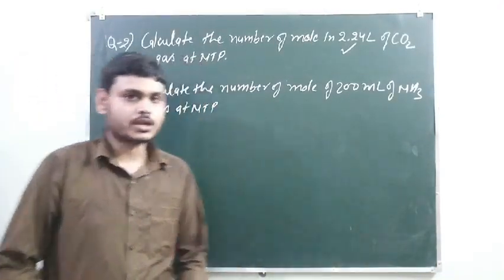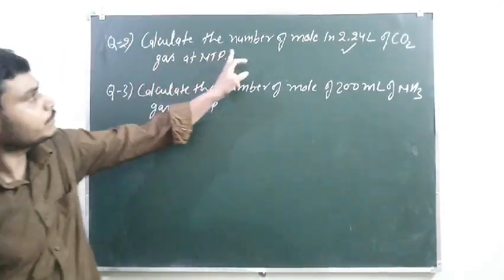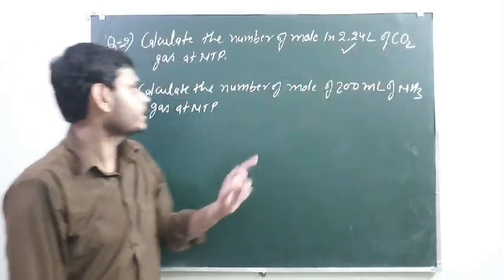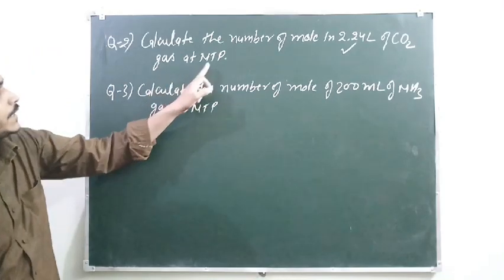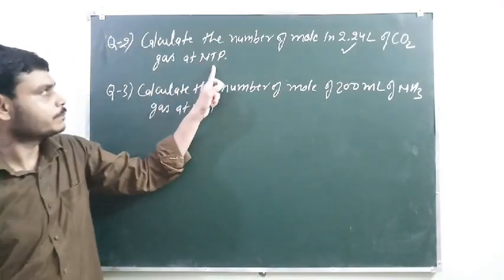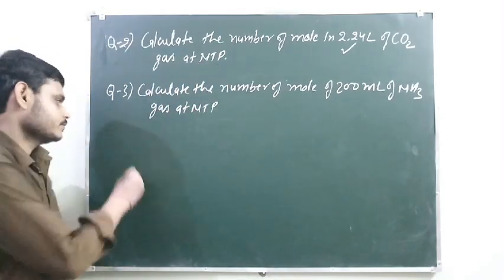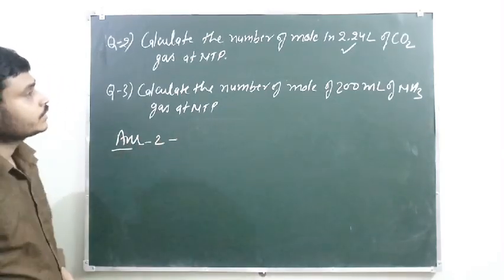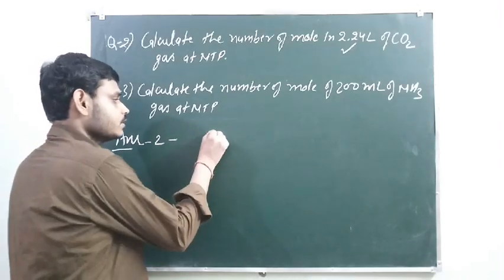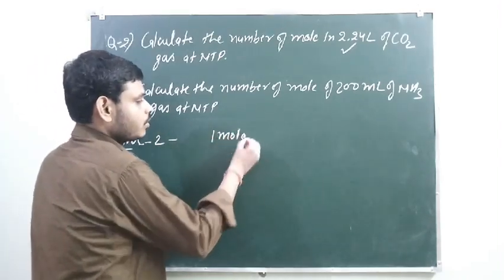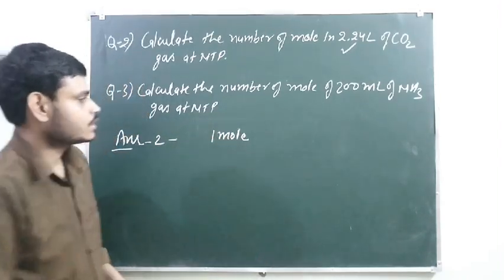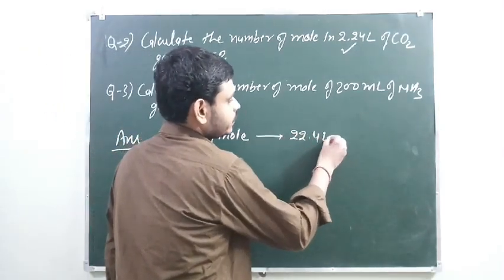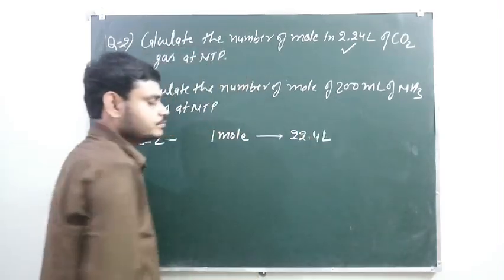Now the second question is, calculate the number of moles in 2.24 liter of carbon dioxide gas at NTP, normal temperature pressure. Answer. We know that 1 mole of any substance occupies 22.4 liter volume.